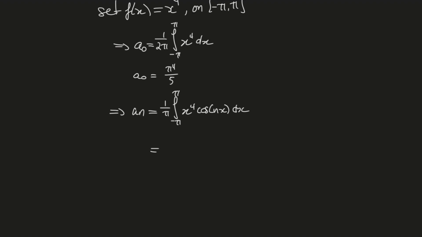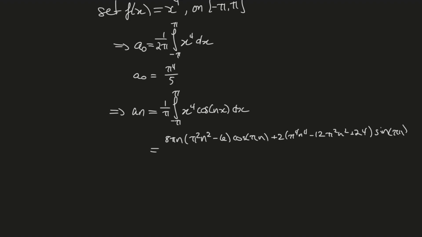Now this integral is not really that difficult, it's just integration by parts a couple times, but it's pretty annoying honestly, and I didn't want to bore you guys to death, so I went ahead and asked Wolfram Alpha to compute this integral, and the result is 8 pi n times (pi squared n squared minus 6) times the cosine of pi times n, plus (2 pi to the 4th n to the 4th minus 12 pi squared n squared plus 24), and all of this times the sine of pi n.